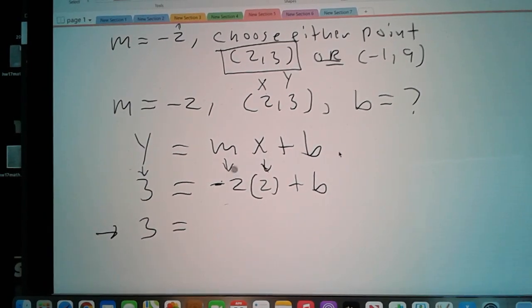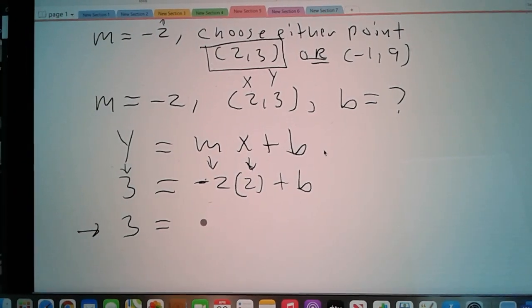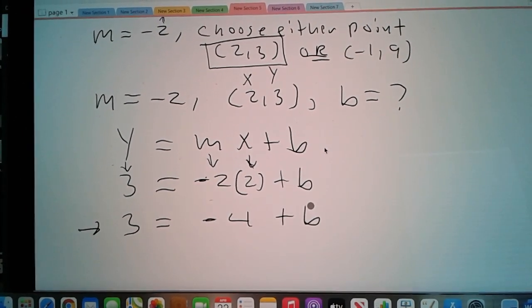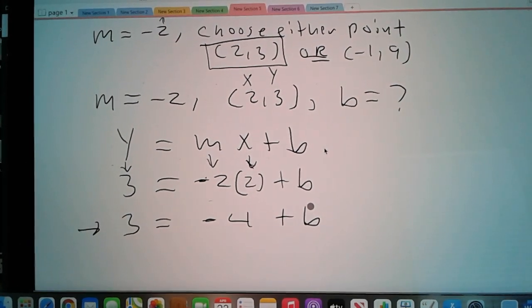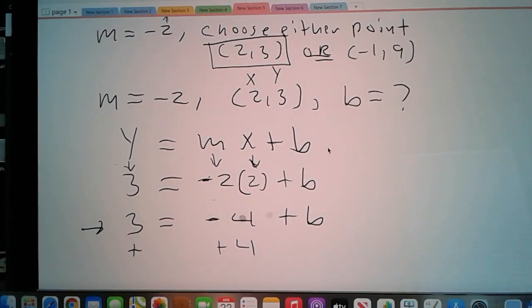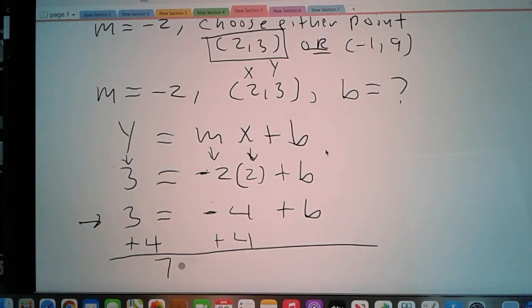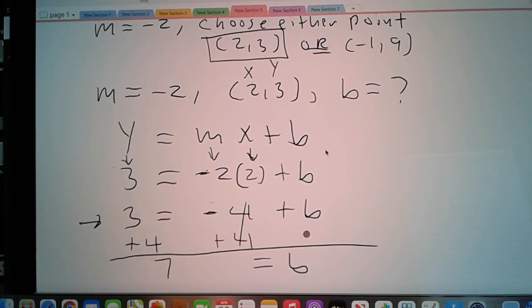Negative 2 times 2 is negative 4, plus b. So b plus negative 4 equals 3. All I have to do is add 4 to both sides so I can get b by itself. So 3 plus 4 is 7. That cancels out, so I just get 7 is equal to b.